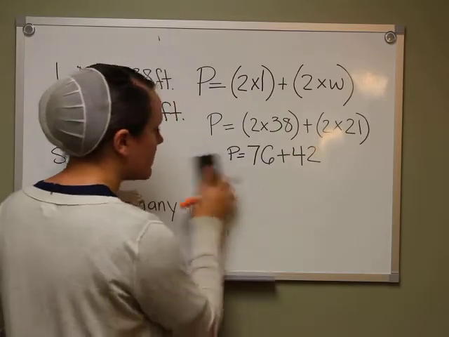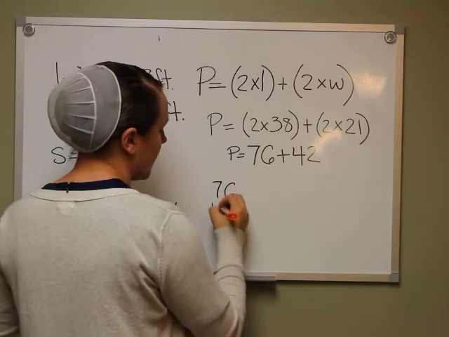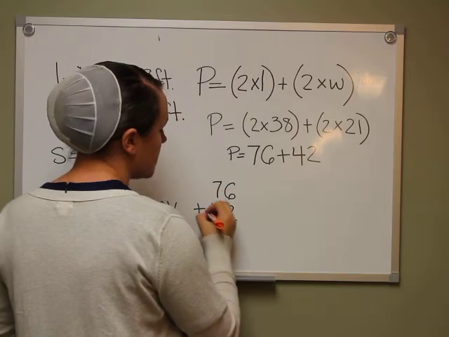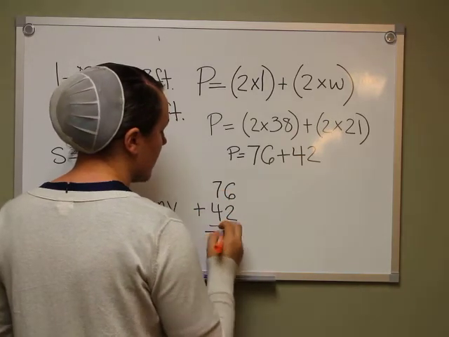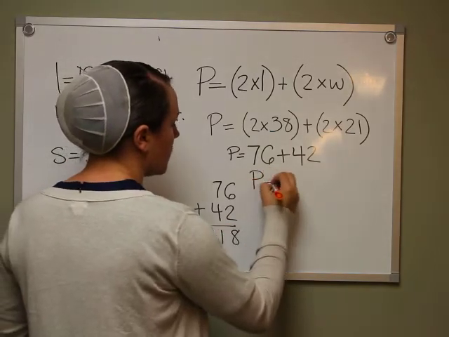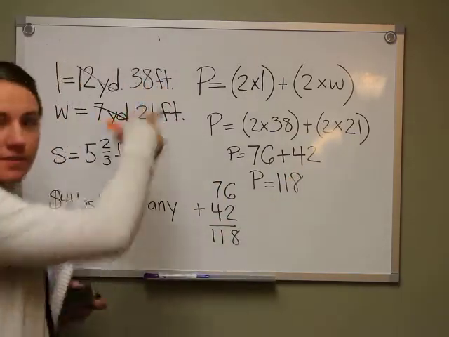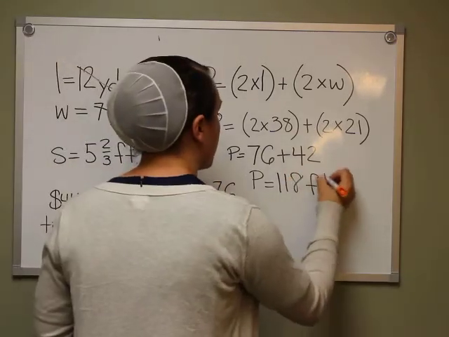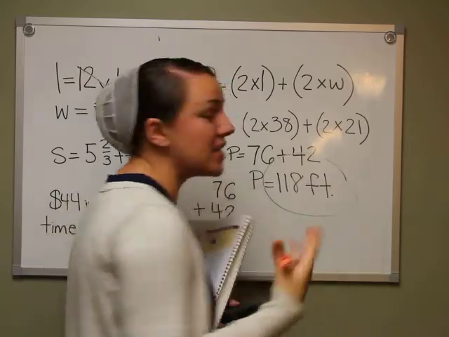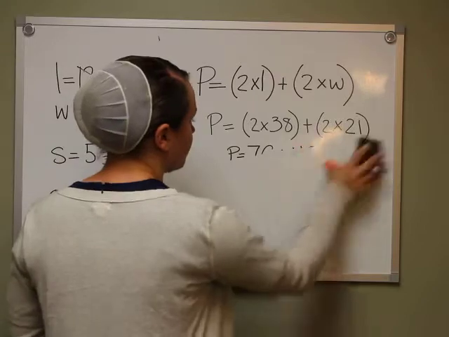Okay, so now we have 76 plus 42, add that together. 6 plus 2 is 8, 7 plus 2 is 11. So P equals 118, and what is our unit? Our unit is feet this time. So the perimeter of our rectangle in feet is 118 feet.